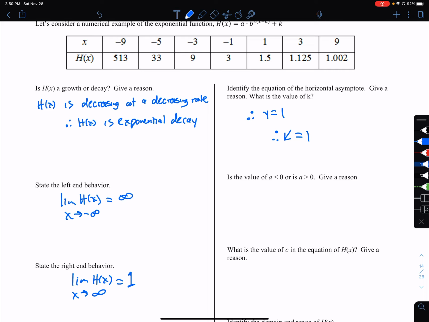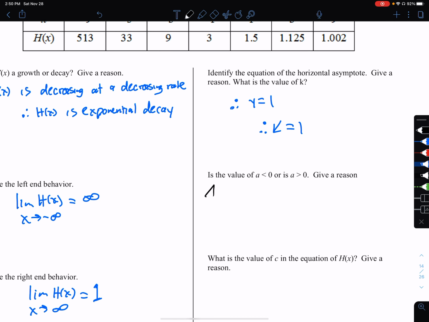Is the value of a bigger or less than 0? Well, these y values are all bigger than the horizontal asymptote, which means our graph is above the horizontal asymptote.